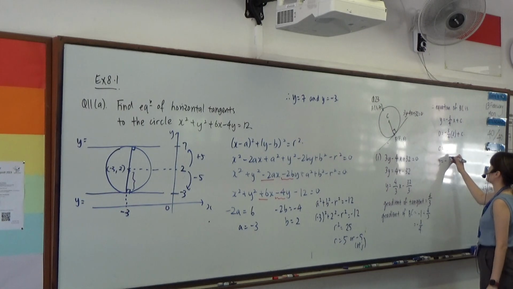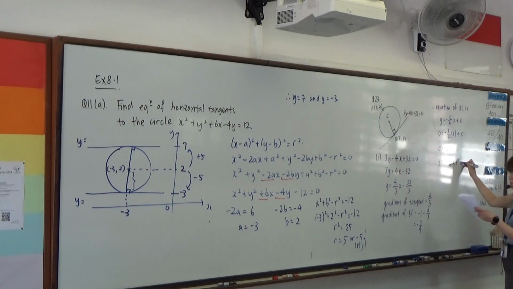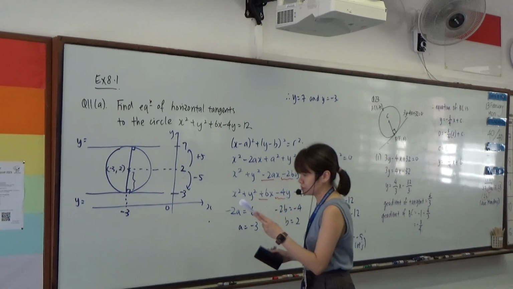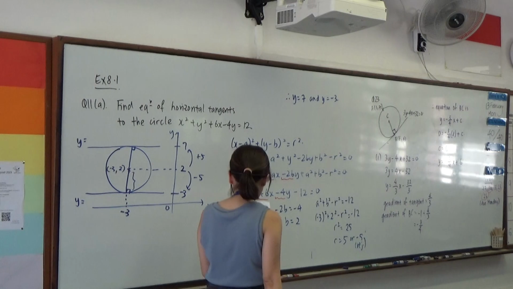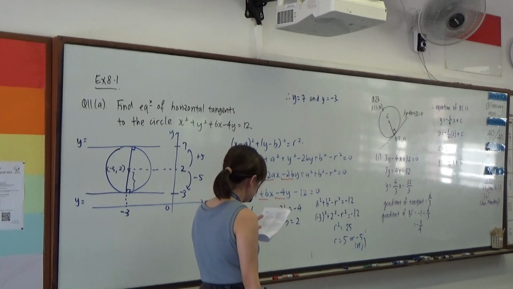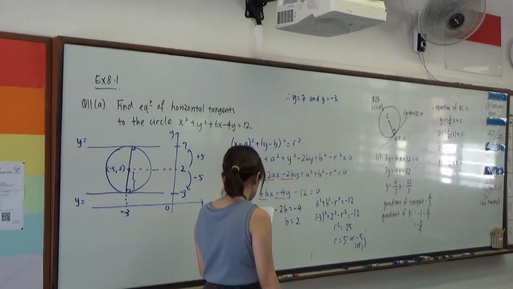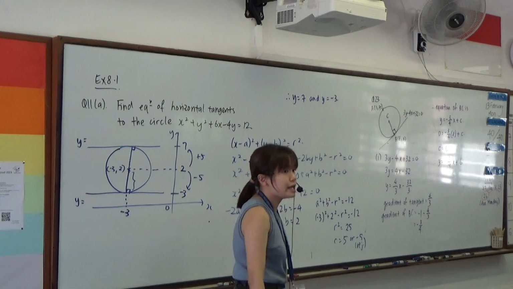Therefore, y equals negative 3 over 4x plus 6. So that's how we get the equation of BC. I think the challenge lies in part 2.